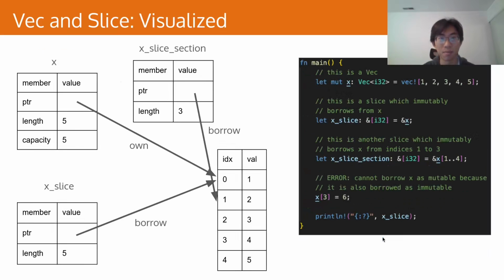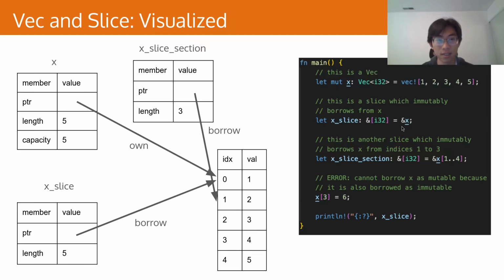To visualize what's happening here, x is a vector, so it'll store the length, like the current size of the vector, and then the capacity, how many elements it holds, and then it stores a pointer to the memory on the heap, right?